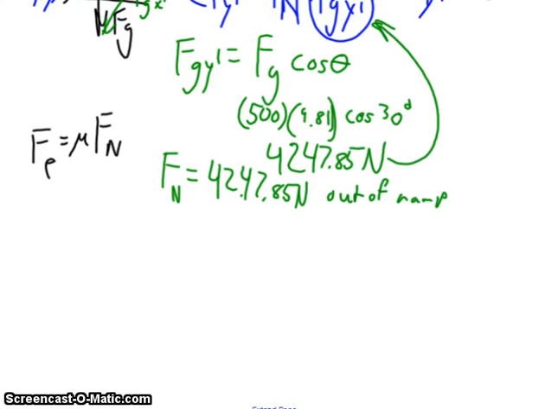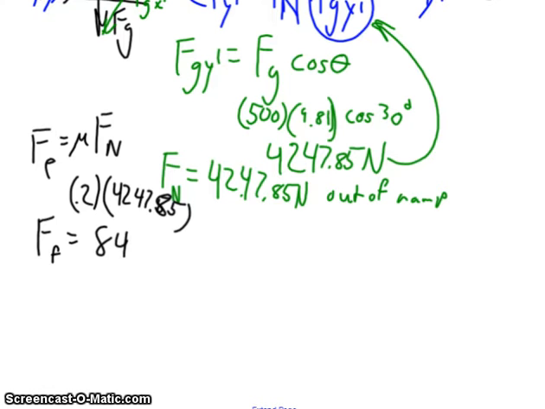So if we want to find this, we know that the coefficient of friction in this case is 0.2, and our normal force is 4247.85. So that means that our friction force is approximately 849.57 newtons up the ramp.